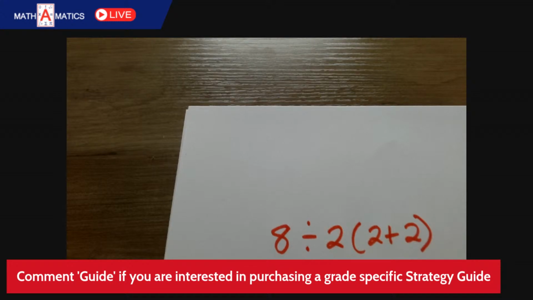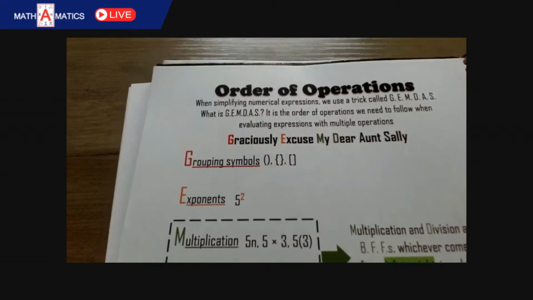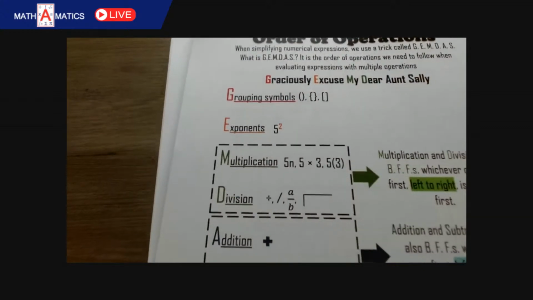So for order of operations around here, we like to use GEMDAS, or we like to use PEMDAS, but whichever one you are the most comfortable with, you absolutely can use it. And I'm going to show it to you. And we're going to look at it as we go. And so in our strategy guide, we have it right here, GEMDAS.